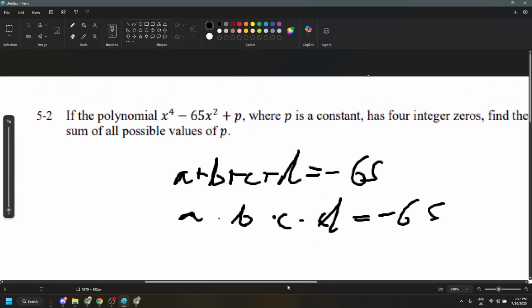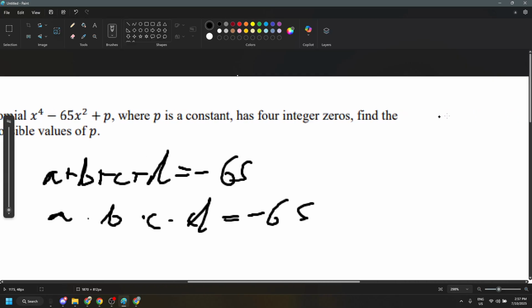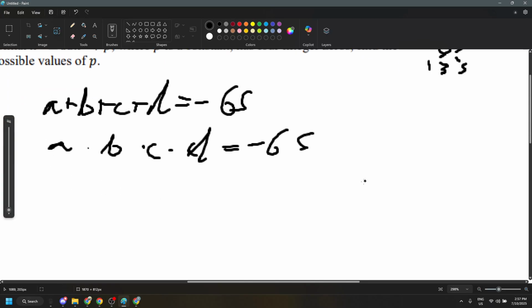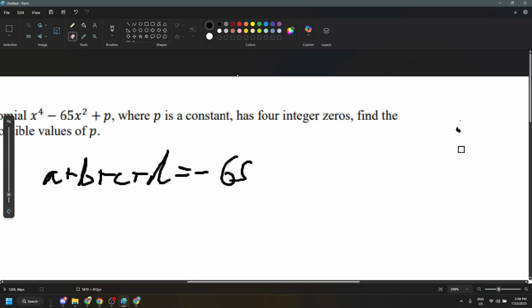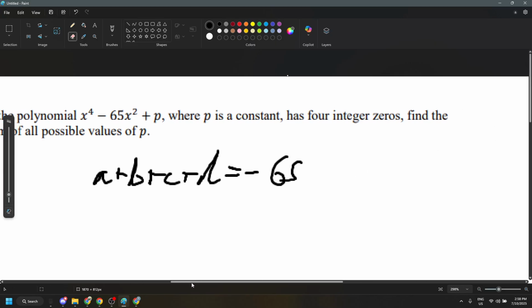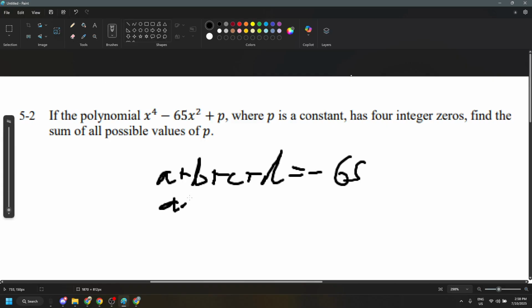These all have to be integers, so 65 can be split up into 13 and 5, right? Wait, they don't need to multiply to negative 65, what am I talking about? They multiply to p. a, b, c, d equals p.